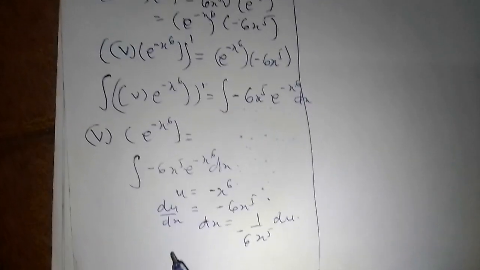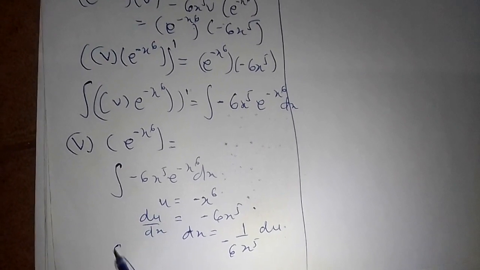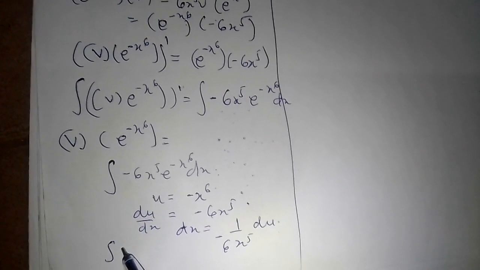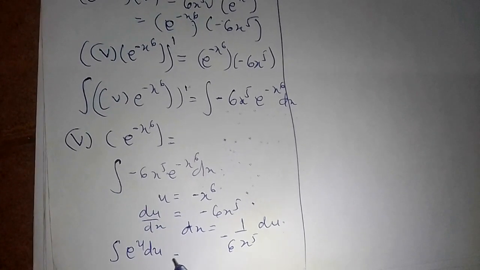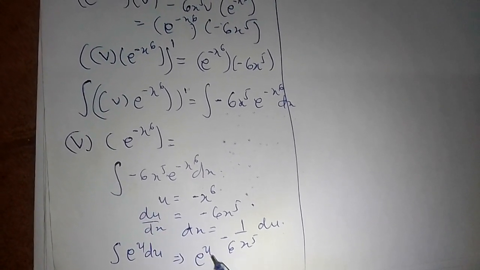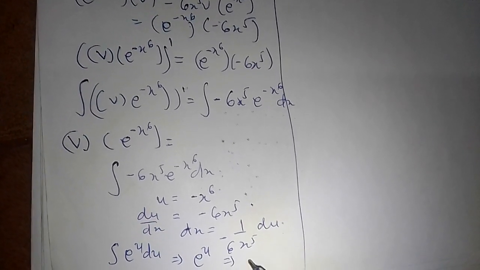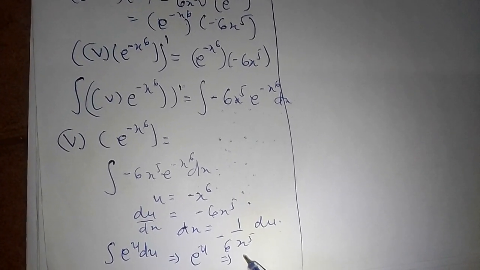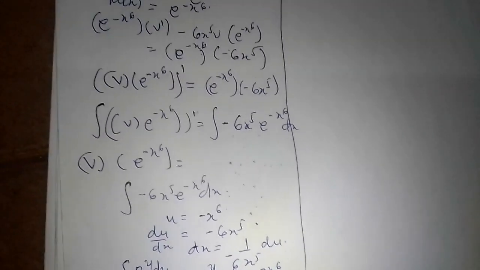We put our substitution back into our integral. So we get the integral of e to the power u du, which will simply give us e to the power u, and u is equal to negative x to the power 6. So we get e to the power negative x to the power 6 plus c.